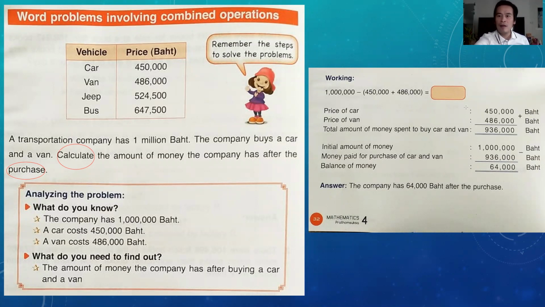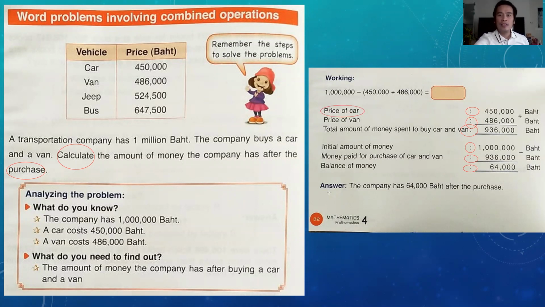Can you see this colon? The double dot? Yes. Okay, so instead of writing a very long sentence, you can shorten the words by just writing the important words, group of words like price of car.